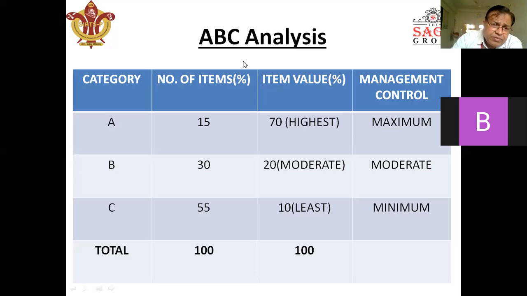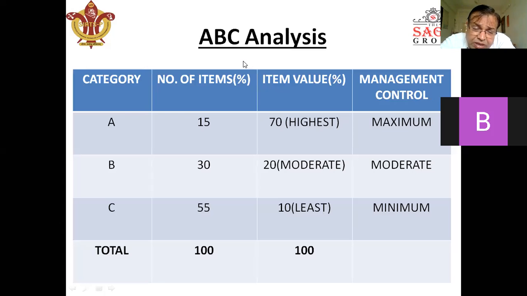Similarly, B items, you are keeping 25 to 30%, and their value is moderate. And C has 55% of the number of items in your shop, but its value is very less, approximately 10%. So your 100% items are divided into A, B, C categories.